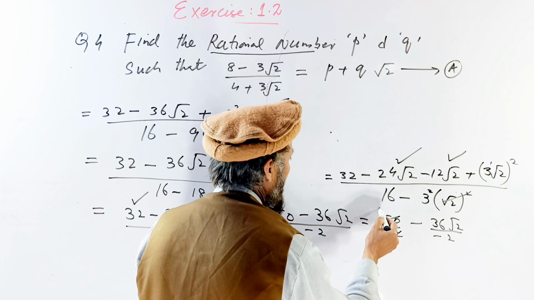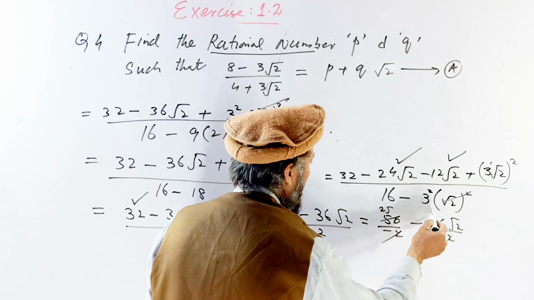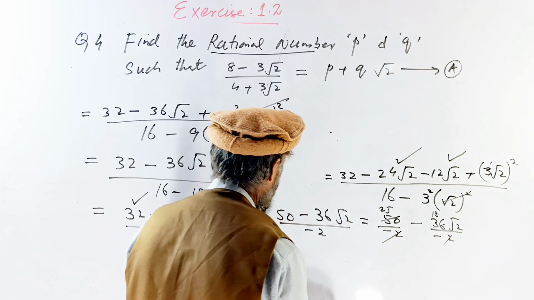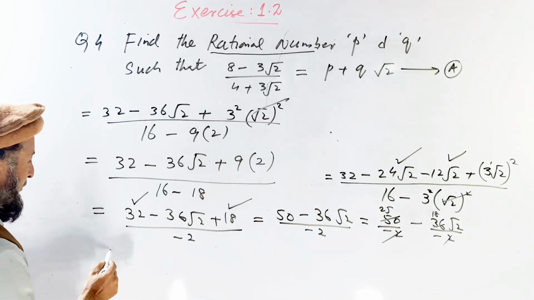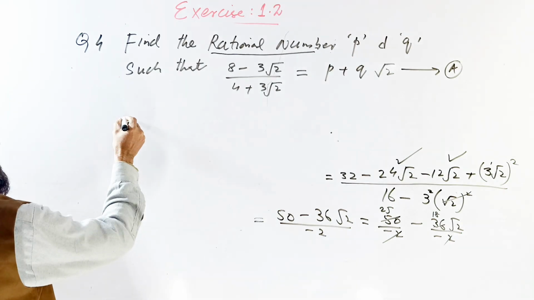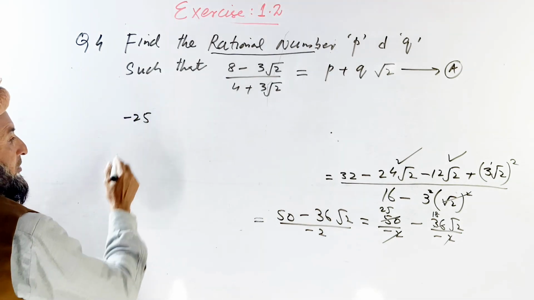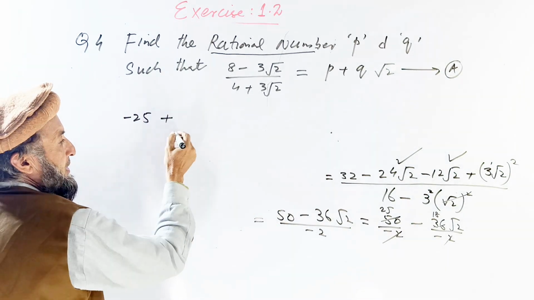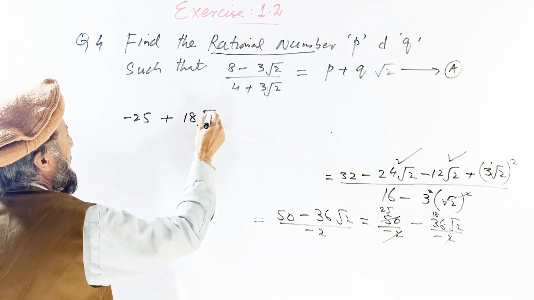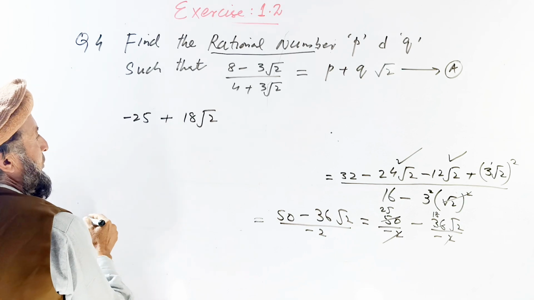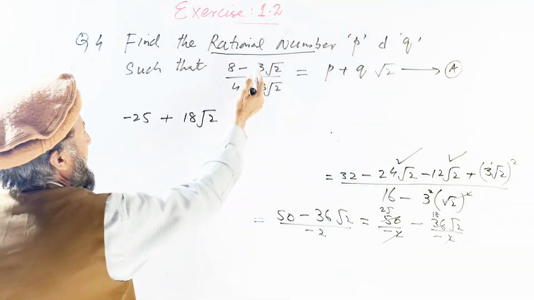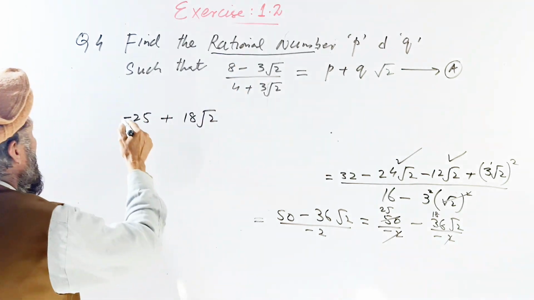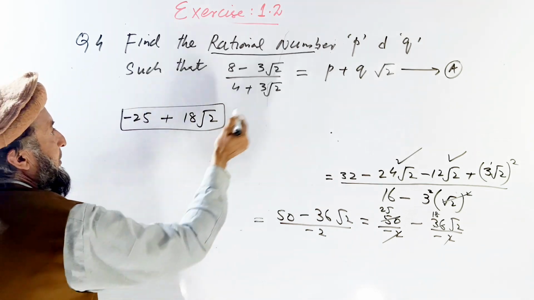So this cancels and we get 25, and this also cancels and we get 18. So the final result is minus 25, minus into minus is plus, 18 under the root 2. So we get the value of this one. Now we substitute this result in equation number 1.